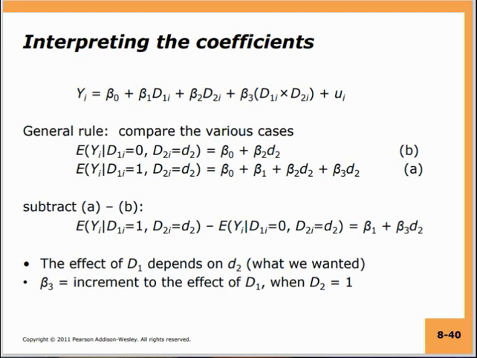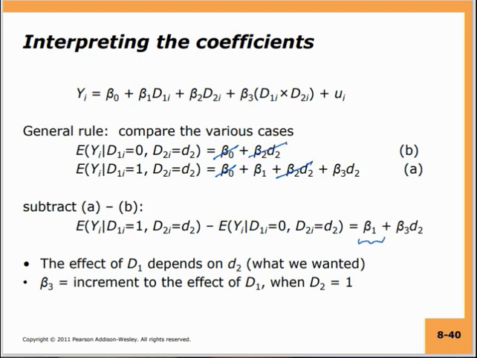Now if you subtract equation B from equation A, expected value of y given d1 equals 1 minus expected value of y given d1 equals 0 is equal to beta 0 plus beta 1 minus beta 0. So beta 0 cancels out, and you are left with beta 1, and beta 2 d2 and beta 2 d2 cancel out.